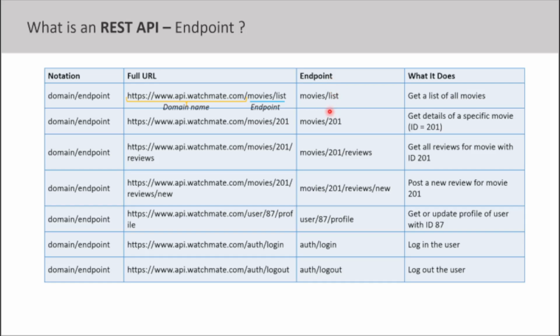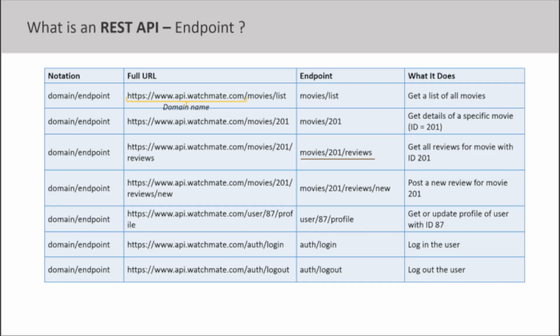And by this way, you can get a list of all the movies. But if you want info on a specific movie, say with ID 201, then you go to slash movies slash 201. So here 201 is the movie ID, and that is again the complete URL.